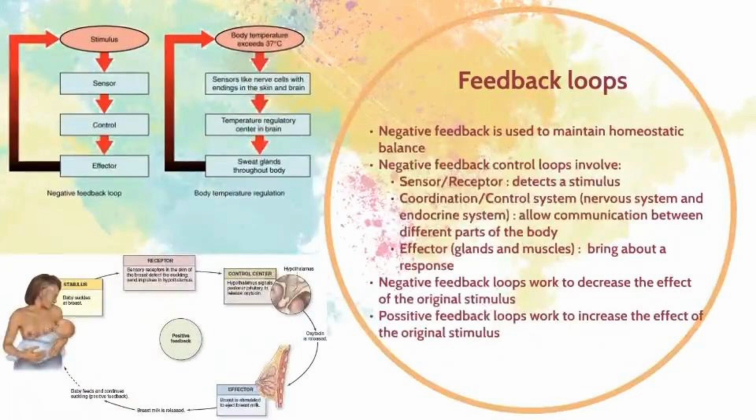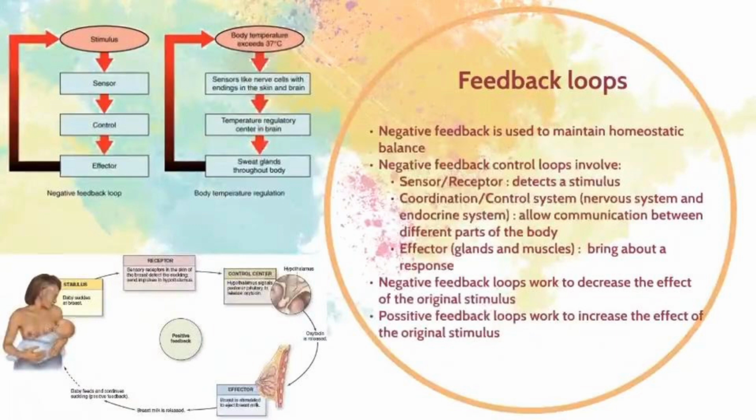So in this scenario, the sensor is in the hypothalamus, the coordination system is the nervous system, and then the effector is the skeletal muscle, which contracts to cause shivering to increase your temperature.